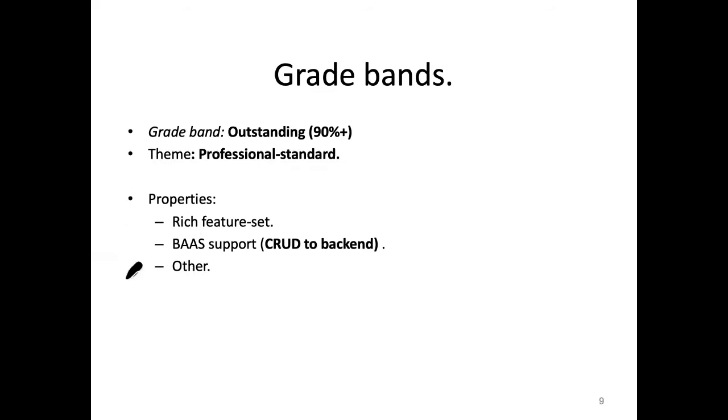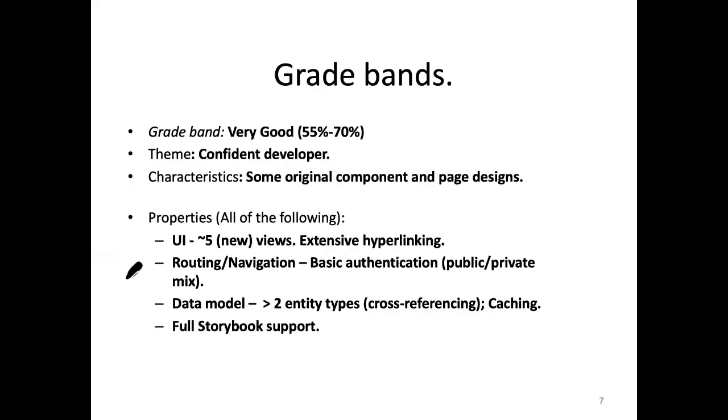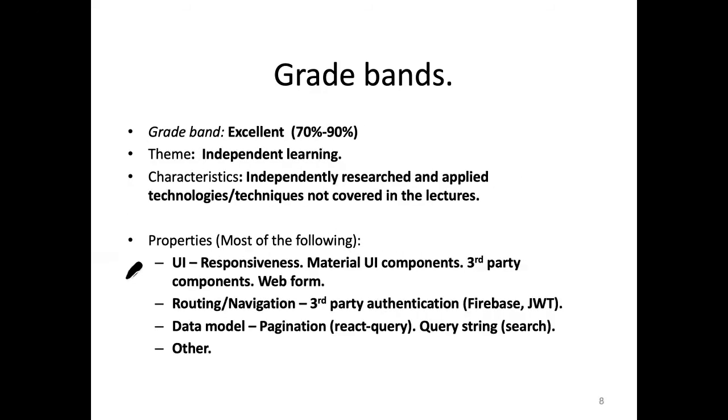By the way, in general, the majority of what you implement might be in the very good grade band, which is this one here. But you may have one or two aspects of this grade band, and that will be rewarded. So it's not a case of you falling into one grade band. You get a percentage at the end of the day, and the percentage is determined by what you've implemented.